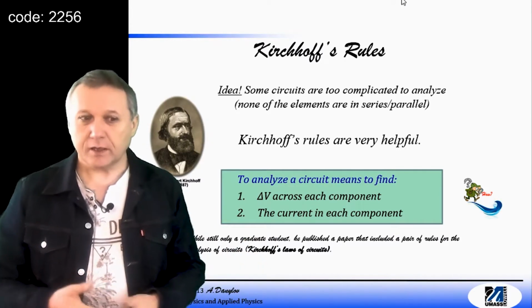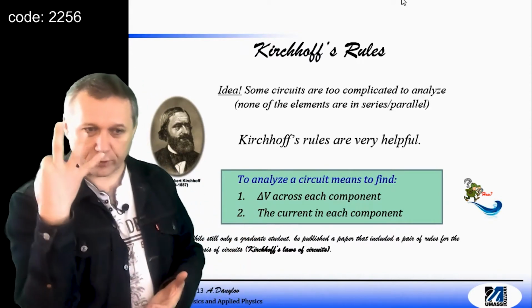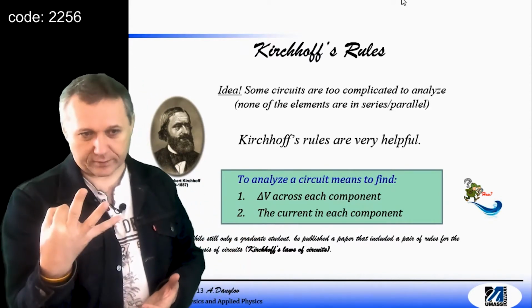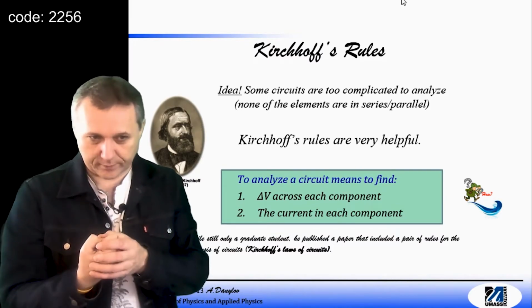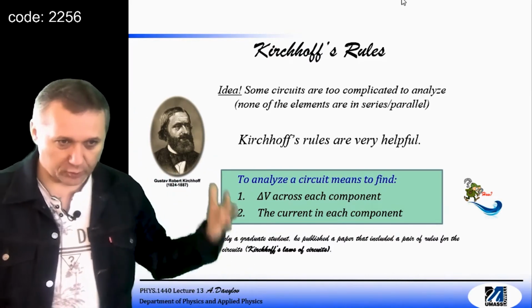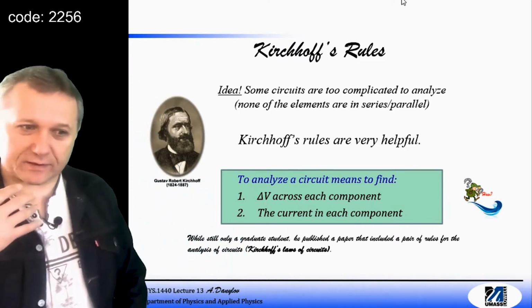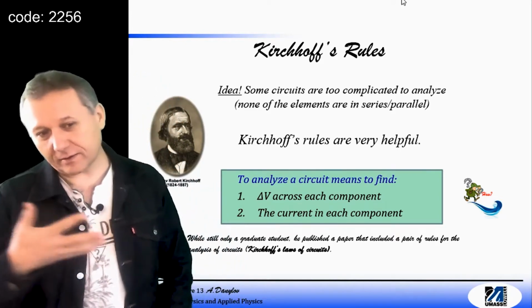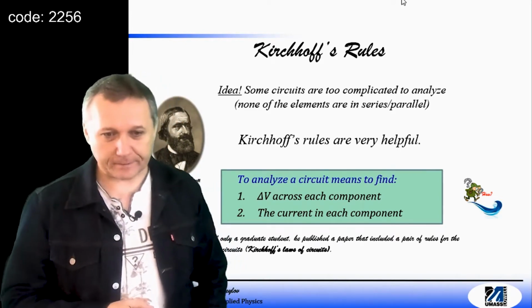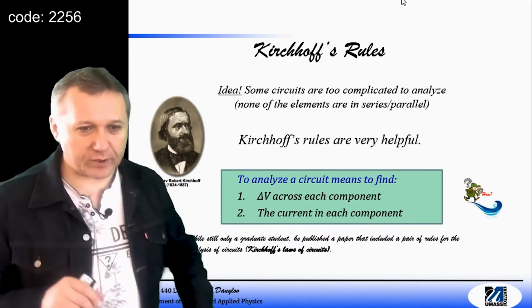Because you remember, whenever you want to analyze the work of a resistor, you have to look at 3 parameters: resistance, current, and potential difference. Once you know them all, you're all set. But in our problems, resistances will be given, and we will have to find current and potential differences every time.